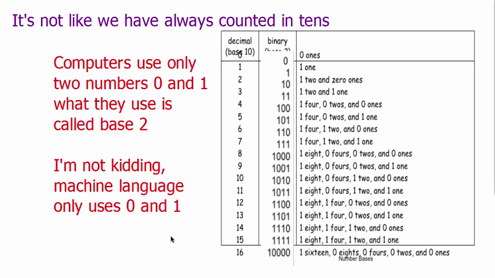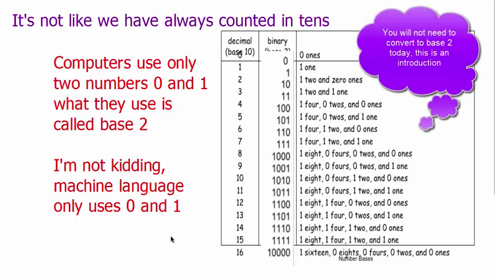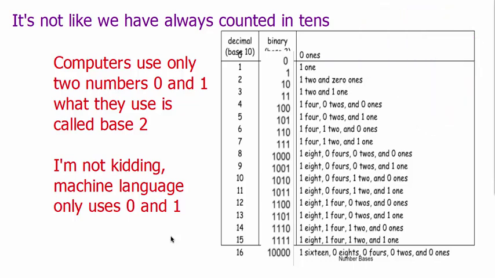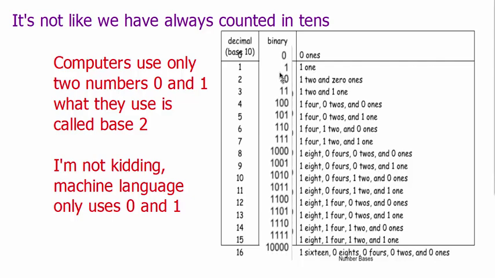So surprisingly, there's a lot of other ways to count besides counting by tens. We count by tens, we have 10 digits, we think that's the only way to do it. It's not. Computers actually only use 2 numbers. Computers only know 0 or 1, off or on, for switches. That's why they use base 2. So if we're counting in some other numeric base other than base 10, our 0 will be 0, our 1 is still going to be 1, and now everything changes. 1, 0 means one 2 and zero 1s.